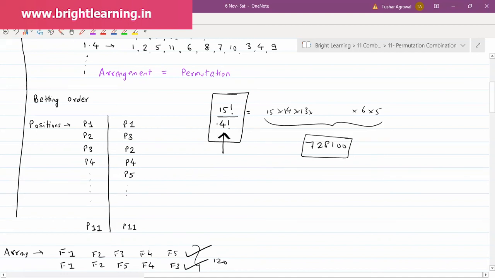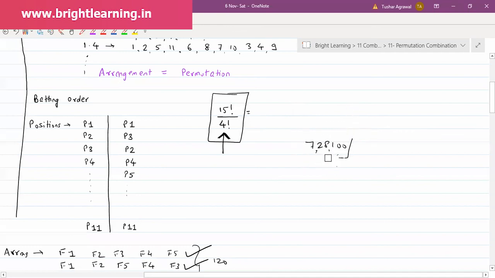This calculation is just clerical work, and that can be done by computers also. 7,28,100 as an option will definitely not be given. It's a 100% guarantee. Got it? That is the type of questions that will be asked. Right now don't bother how 15 factorial upon 4 factorial came, we will reach there.